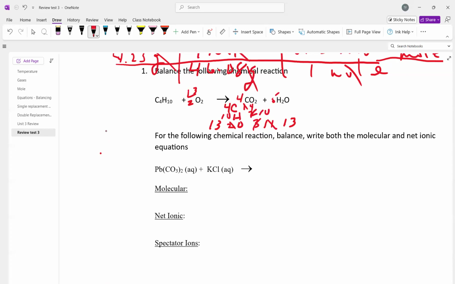To clear the fraction, we multiply everything by 2. So it's going to be 2, 13, 8, 10.